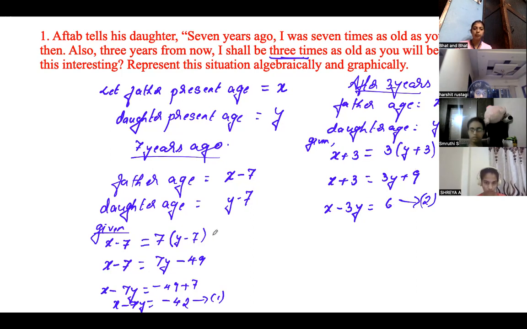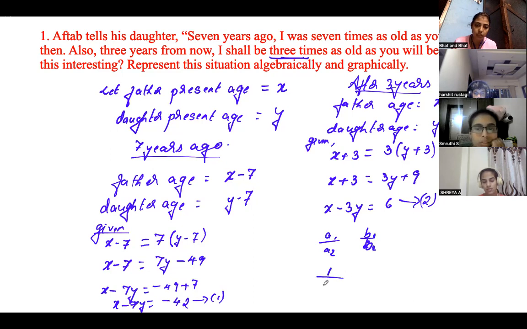Now from equation 1 and 2, can you tell me what will be the graphical representation? So A1 by A2 and B1 by B2, are they equal or unequal? Let us see. So A1 by A2, that is 1 by 1. And B1 by B2 will become minus 7 by minus 3. So both become positive. So they are not equal. So if they are not equal, see the table.